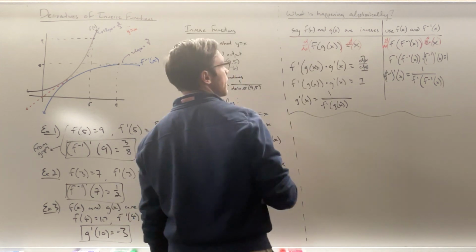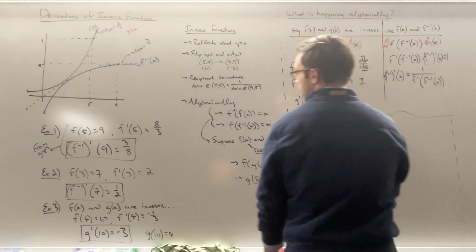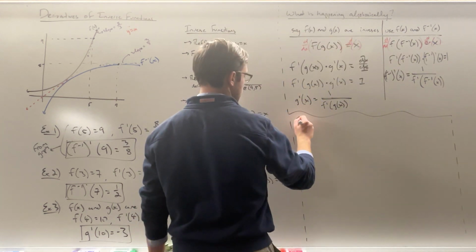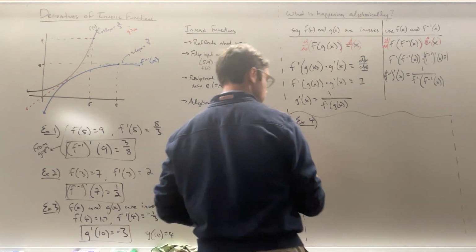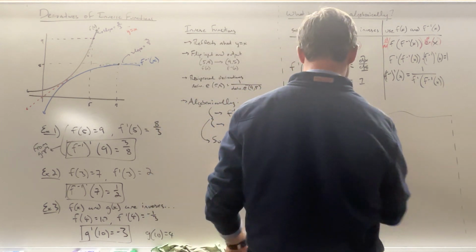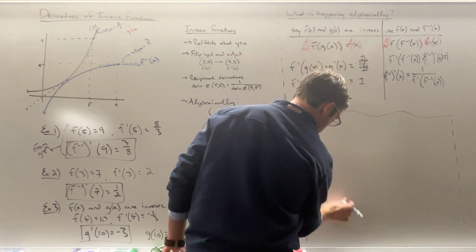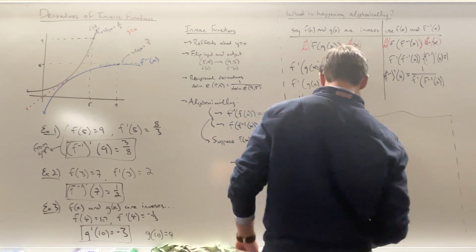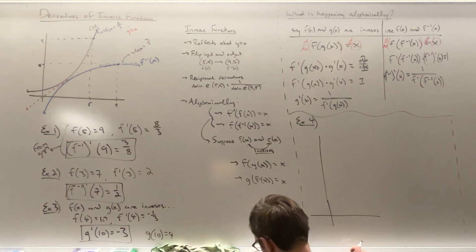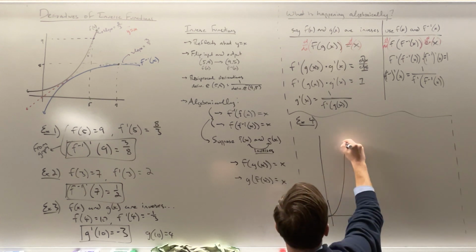Let's look at another example here. We can call this example 4. Let's say we can draw a graph. So we have the function x cubed. x cubed looks roughly like this.